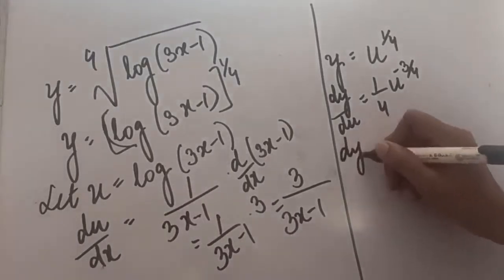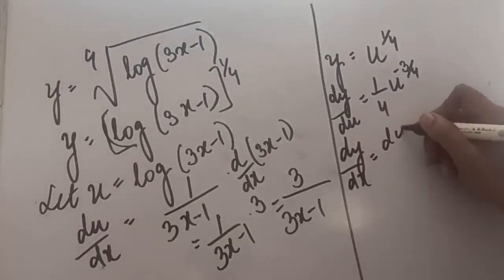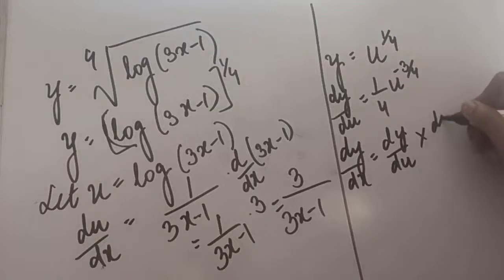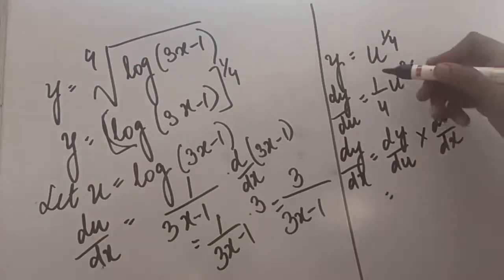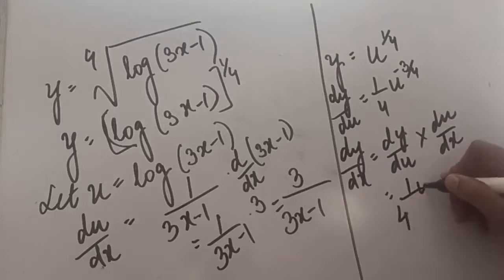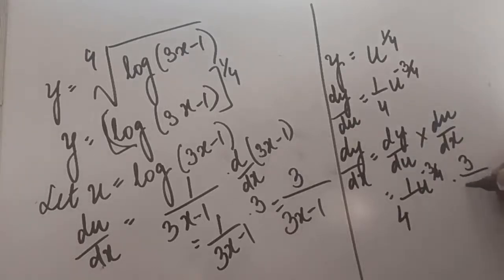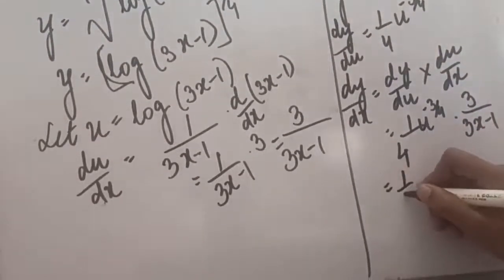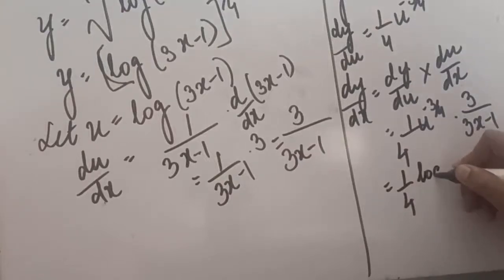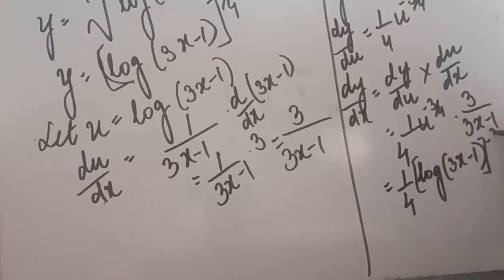The formula for the chain rule is dy upon dx equals dy upon du into du upon dx. So dy upon du is this 1 upon 4 u's power minus 3 by 4, and du upon dx we calculated as 3 divided by 3x minus 1. Now we can put the value of u, and the final answer is 1 upon 4 u, where we assumed u is log 3x minus 1, and its power will be minus 3 by 4, into 3 divided by 3x minus 1.